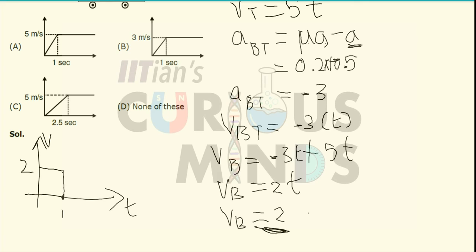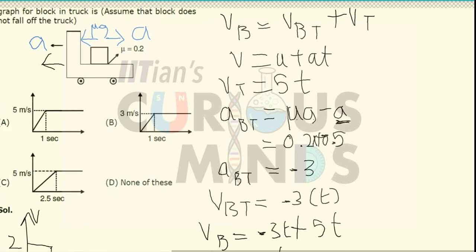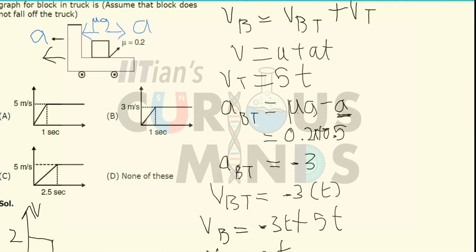But now as the acceleration stops acting, once the truck stops accelerating, the block as well as the truck should obtain a certain constant velocity, that is the constant velocity of 5 meter per second, after some time.